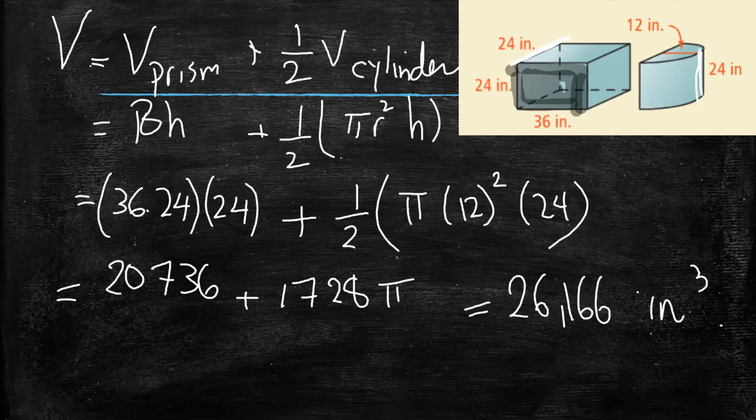Now look here. Sometimes I will give you a shape like this. I'll ask you to find the volume, and I'll also ask you to find the surface area. So be careful here.